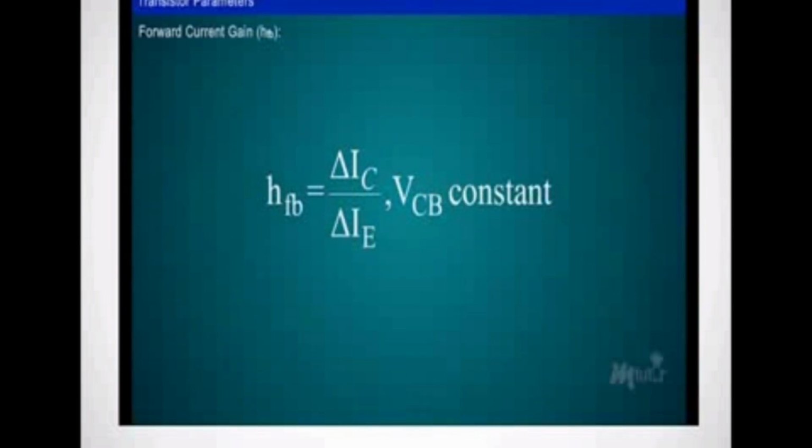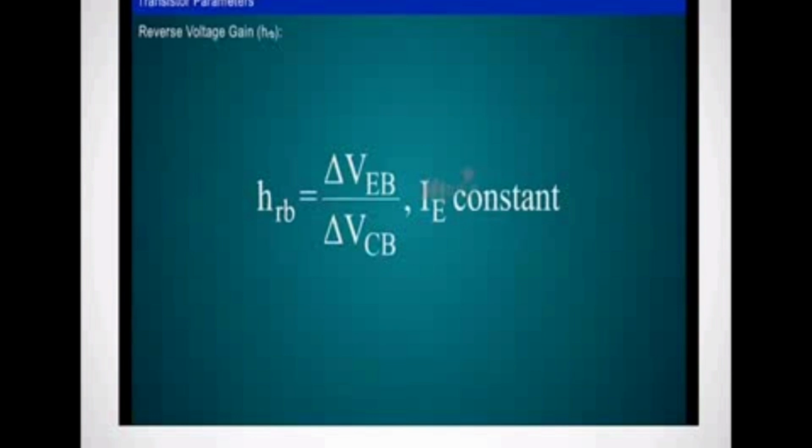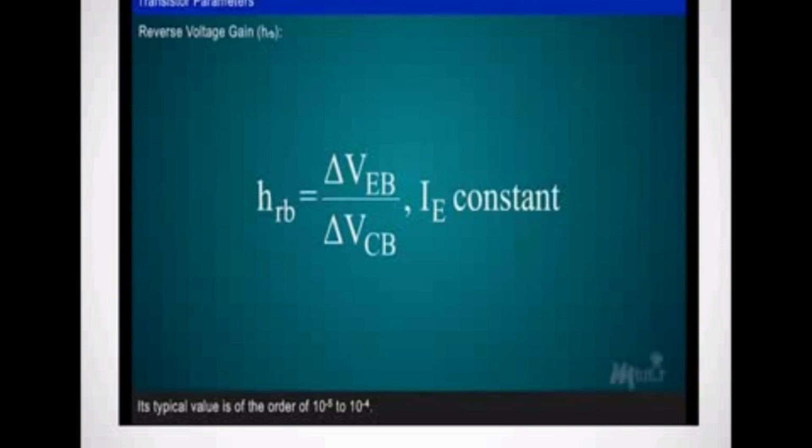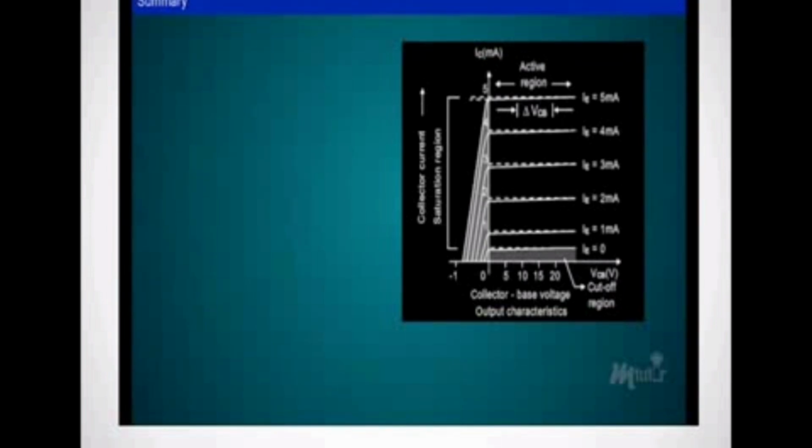Output current divided by input current gives you the current gain, where the collector base voltage is constant. So that is the common base configuration.